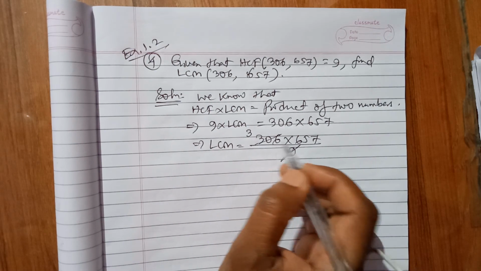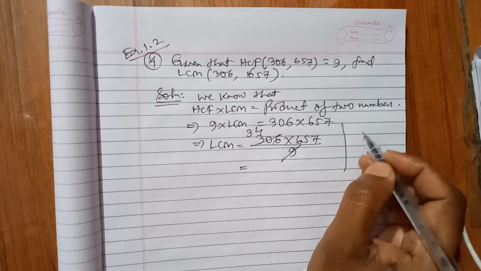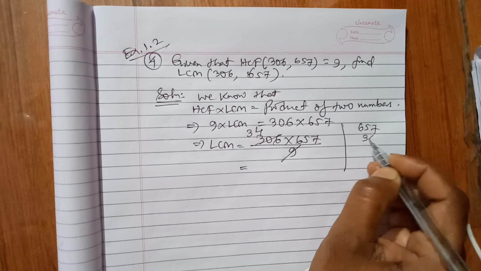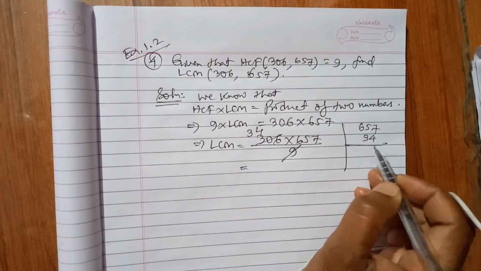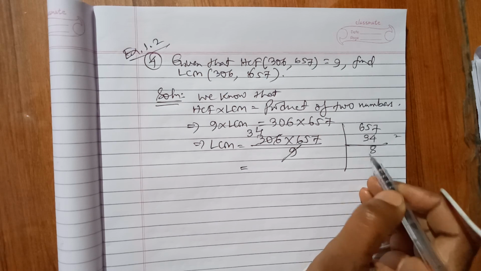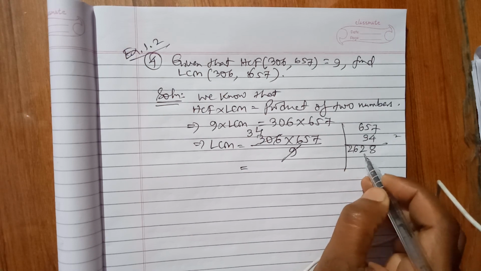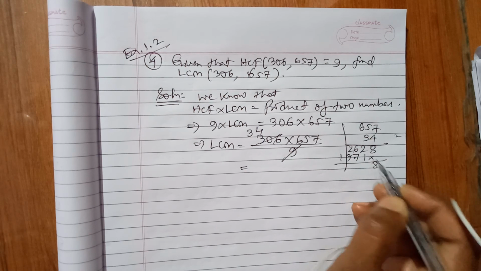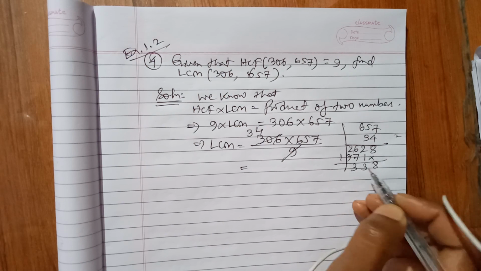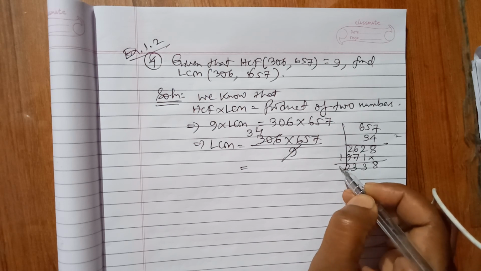9 3 are 27, 3 left 36, 9 4 are 36. So LCM is 657 into 34. 4 7 are 28, 2 left 20, 22, 2 left 26, and 3 7 21, 6 17, 19, 8 3, 3, 2, 2.